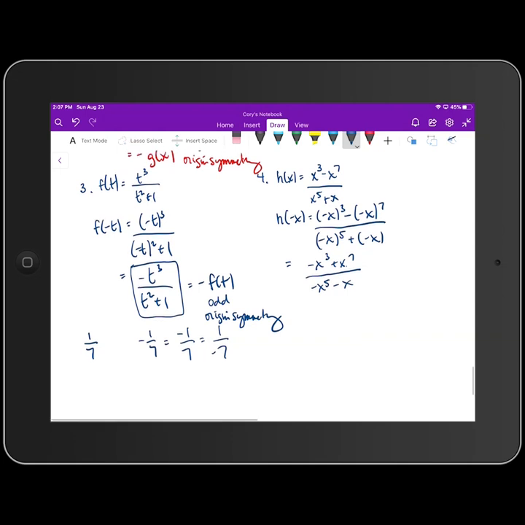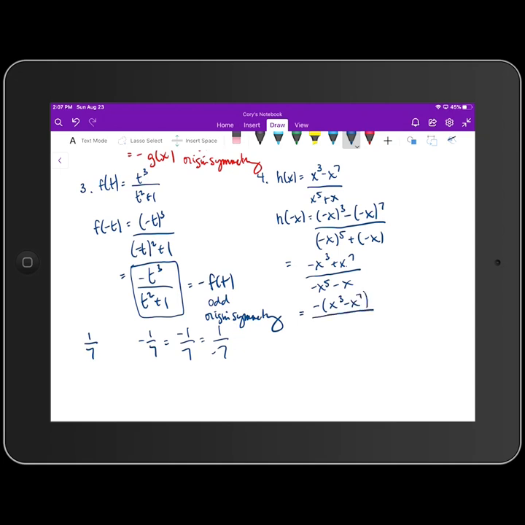Well, when you look at what you have here, it kind of resembles the function h of x that we started with, but the problem is we have the opposite of every term in the numerator over the opposite of every term in the denominator. So I can rewrite the numerator as the opposite of x cubed minus x to the 7th.